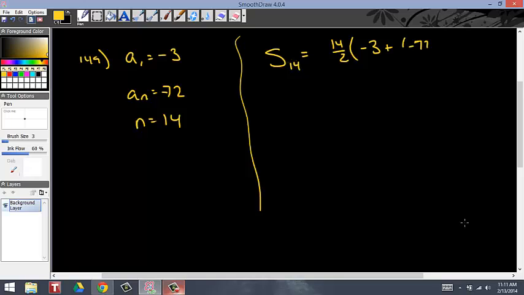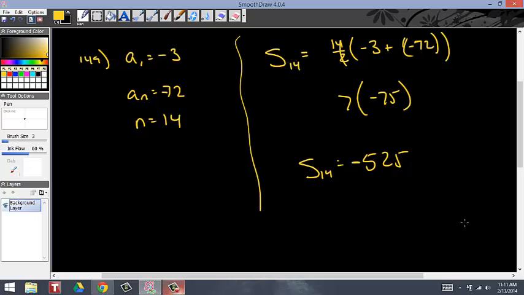So negative 72. All right, so this is easy. This is 7, and then negative 75. So 7 times 75? 525. Negative 525. That's how much I used to make per hour working at SeaWorld.